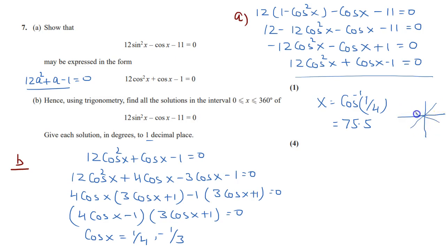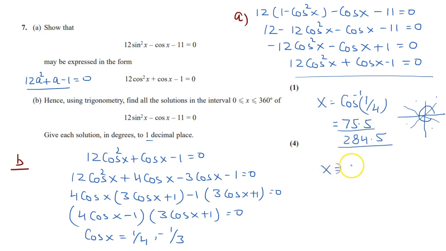This one is cos, ASTC. So another angle is this. So 360 minus 75.52, so this will be 284.47. So these are the two values.